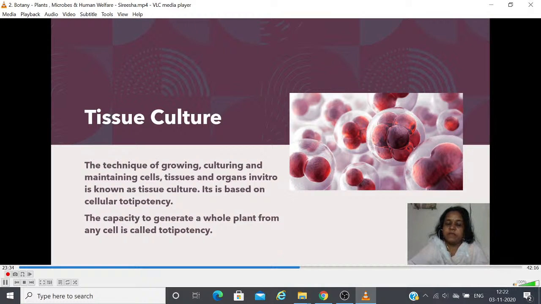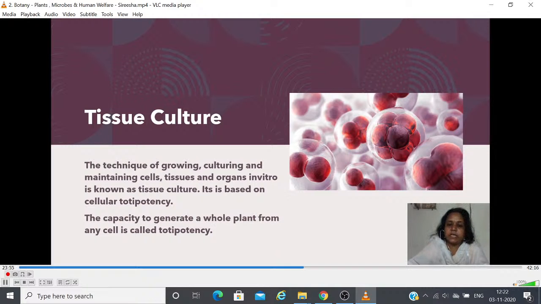We select that plant, and from that plant we can take any part, that is, any cell or tissue or organ from the plant, and we can multiply it into many plants. That is what is happening in tissue culture.